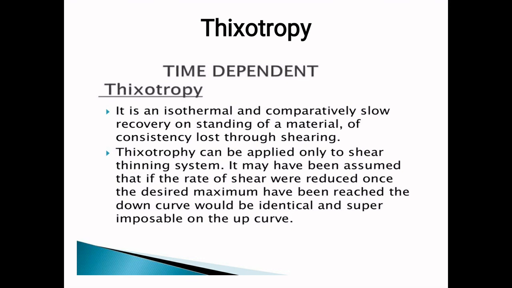It may have been assumed that if the rate of shear were reduced once the desired maximum had been reached, the down curve would be identical and superimposable on the up curve. So this is mainly thixotropy, which is time dependent.